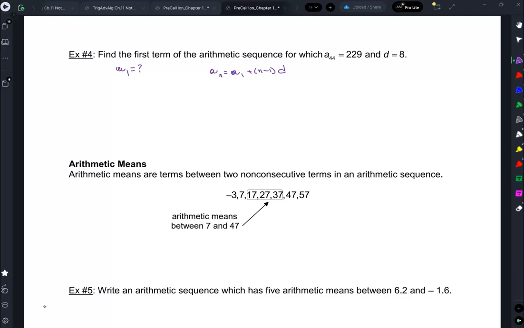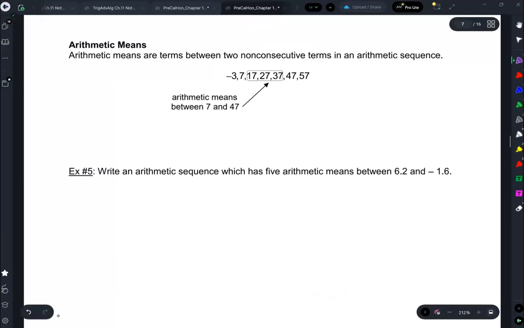A sub n, this time the last one, the one we're given, is 229, equals A sub 1 plus n is 44 minus 1 times 8. Right? And then you do the math, and A1 is negative 115.